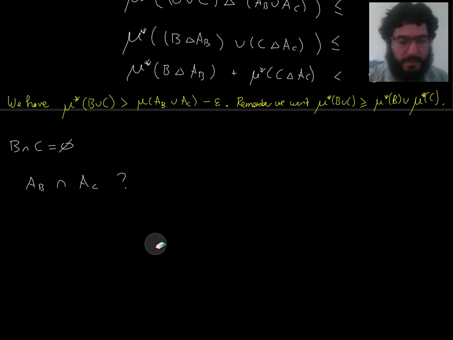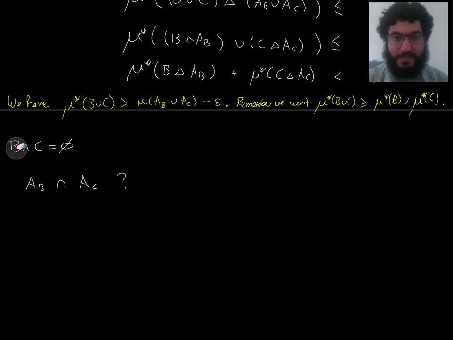But AB is supposed to be like an approximation of B, right? And AC is supposed to be an approximation of C. So if B and C are disjoint, then I would expect AB and AC to be not so far away from being disjoint. I don't know if that makes sense.